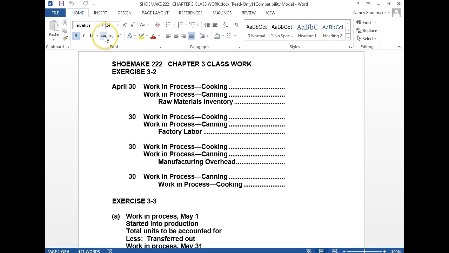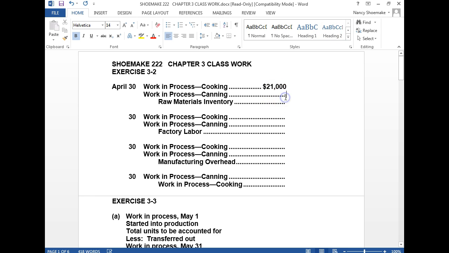So what is our work in process for the cooking, the materials? The work in process, what are the cost of materials for the month that got put into cooking? 21,000, right? See how 21,000 got put into cooking?